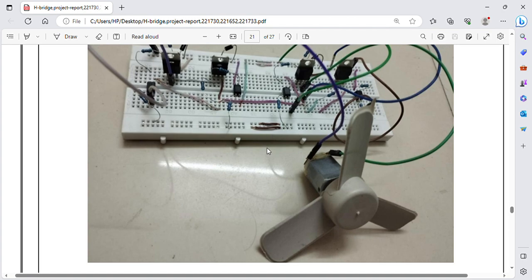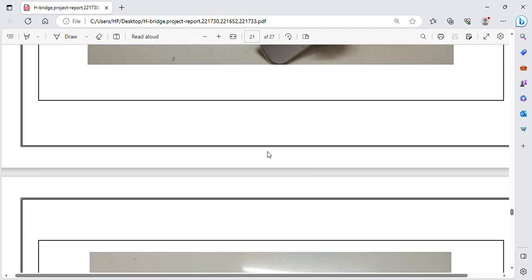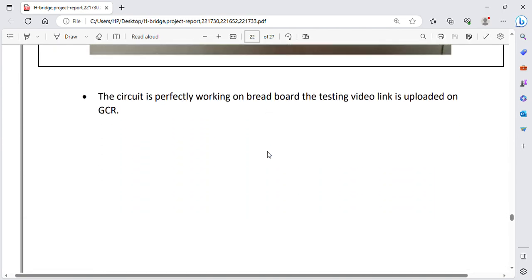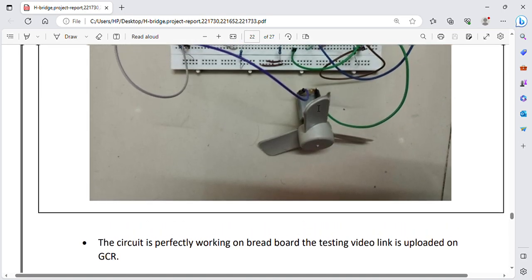We are also going to upload the link of this video, and these both videos are enough for this project, as the details of all the components, all the simulations, all the PCB designs, and all the implementations are explained to you all. The circuit is perfectly working on breadboard, and the testing video link is uploaded on GCR.